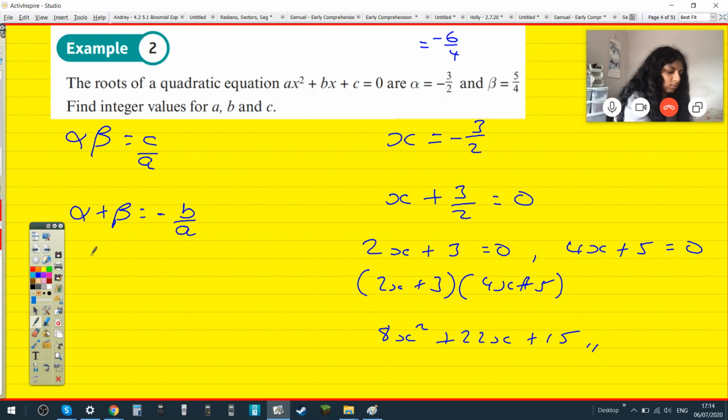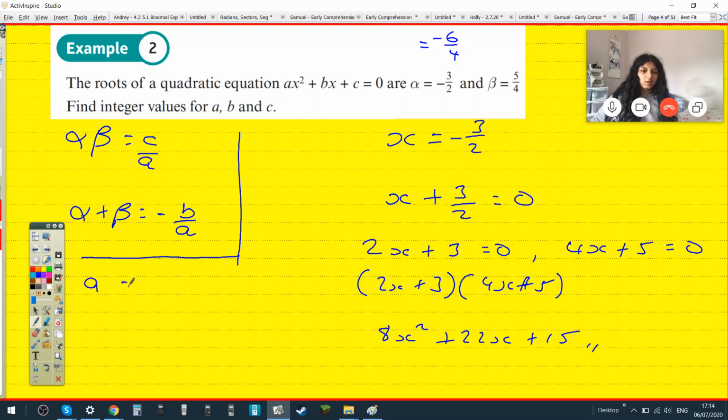I'm going to try these simultaneously. So how could you eliminate A from these? You could rearrange one of them and then substitute in the other one. Like the first one, you could do C over alpha beta is equal to A. Yeah.